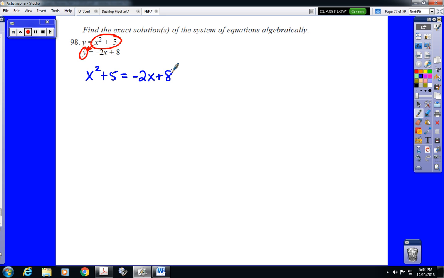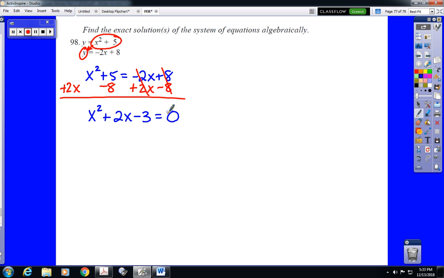And then we need to move everything to the side with x squared. So we're going to add 2x to each side and subtract 8 from each side. That would give us x squared plus 2x minus 3 equals 0.